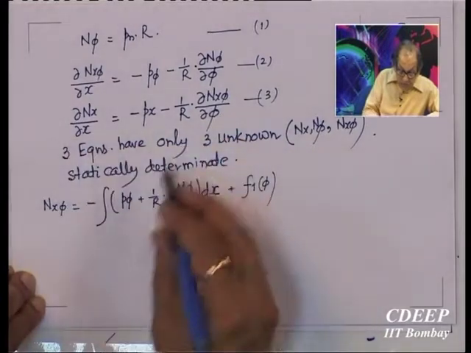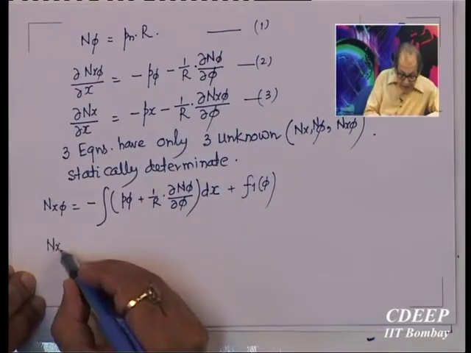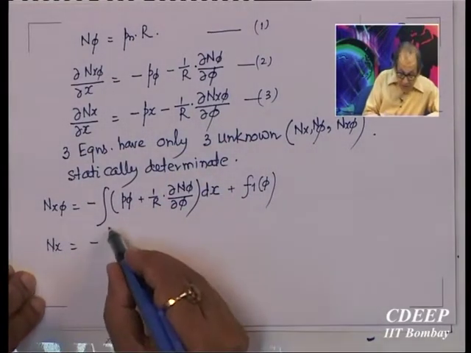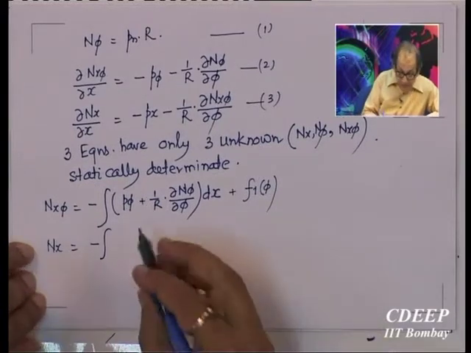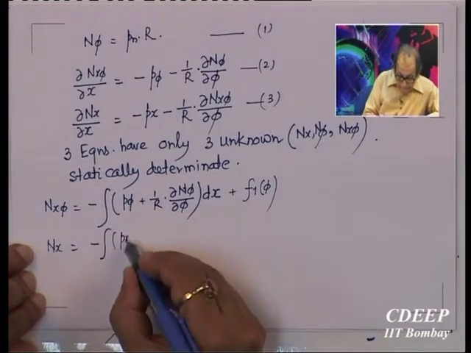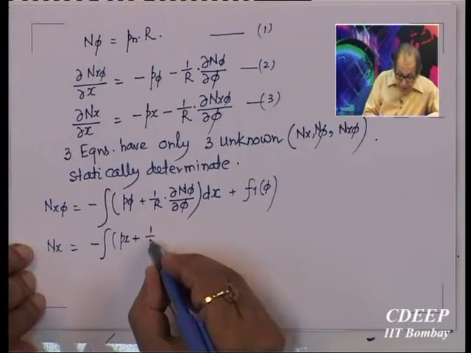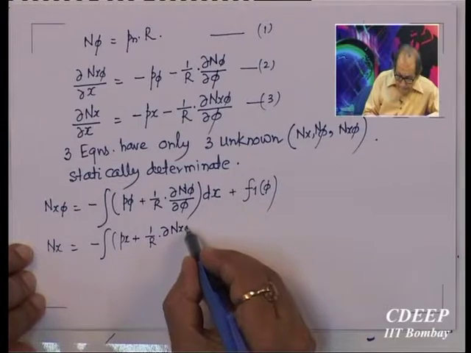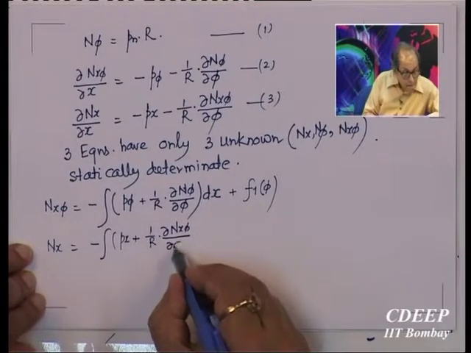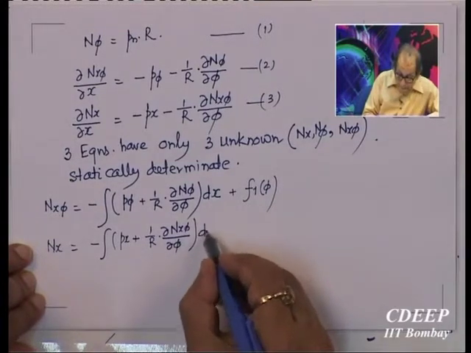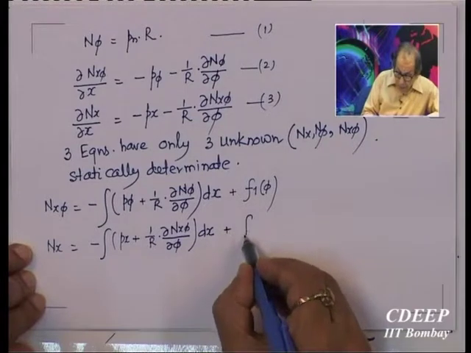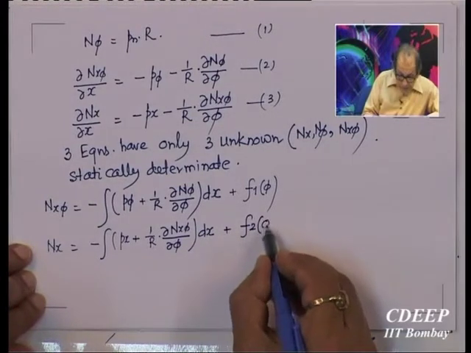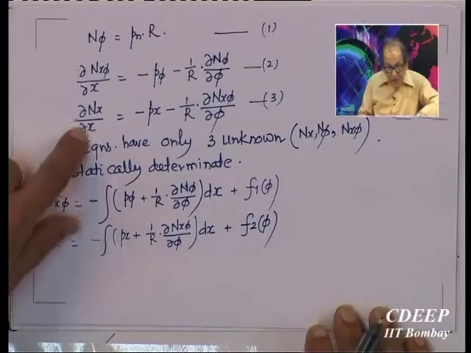Similarly, this one you can integrate, and you will get n x equal to minus p x plus 1 by r, plus some function, which is also with respect to x only.